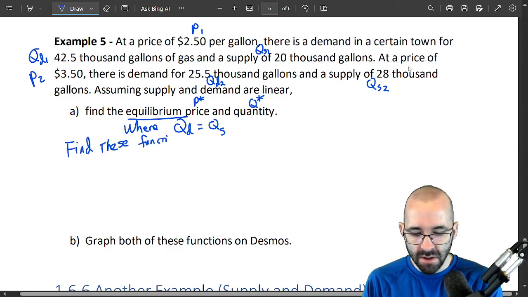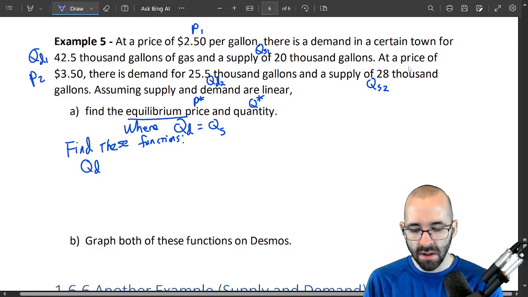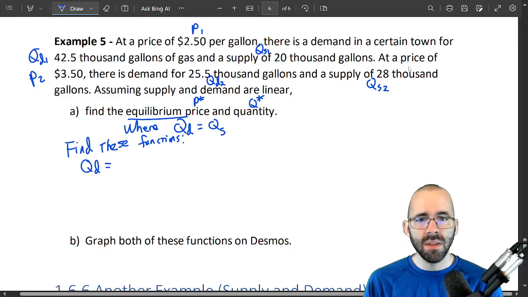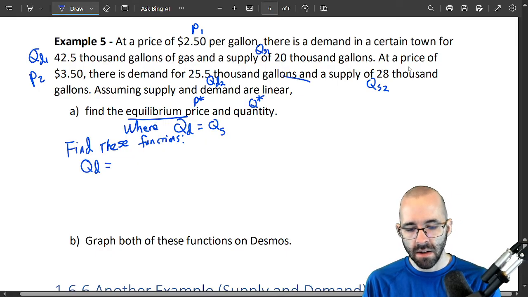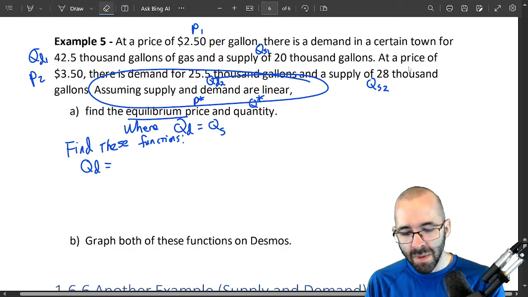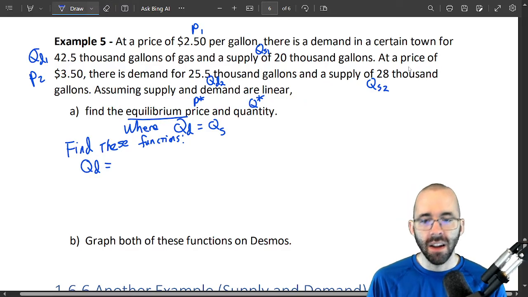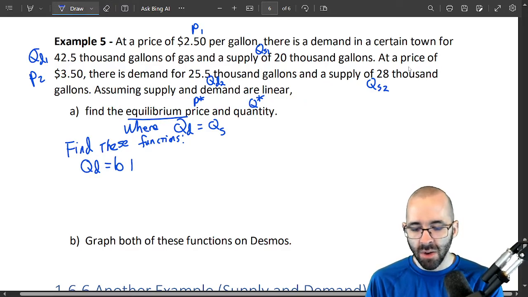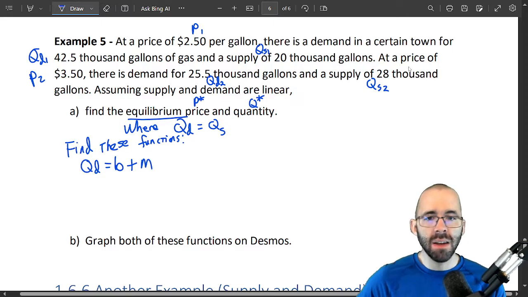So let's look at demand. What's demand going to look like? Assume supply and demand are linear. So we know demand's going to look linear. It's going to be some B value plus some slope times the input.